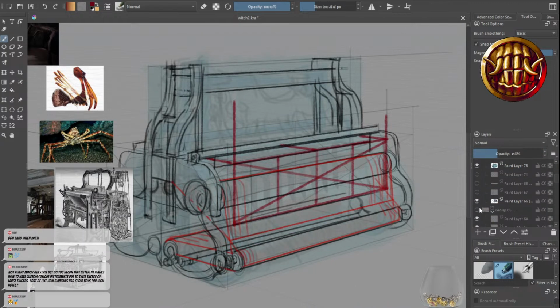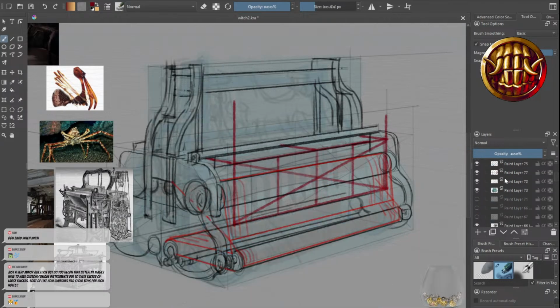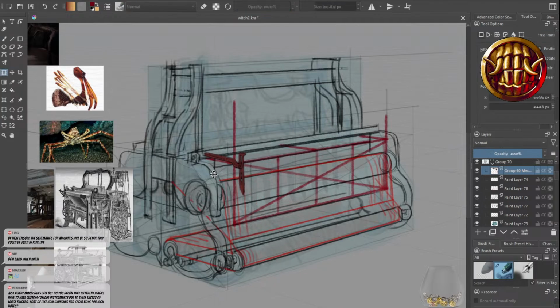Press Control C again. Fuck. Control C. Control V. There you go. There it is. This is what I'm looking for. These go here. And then they go down. So that's the plan.